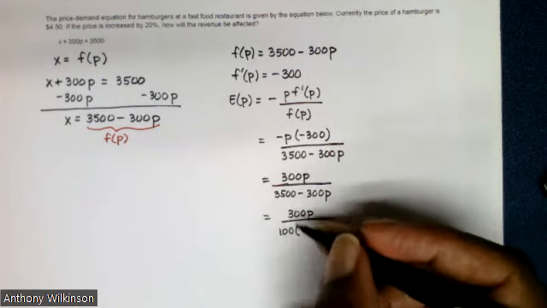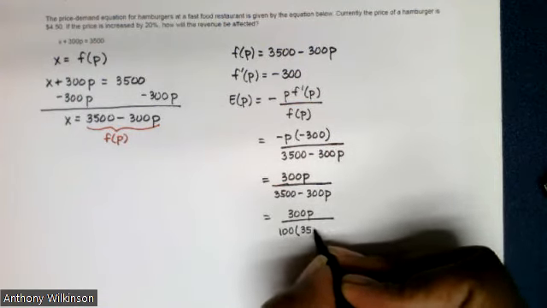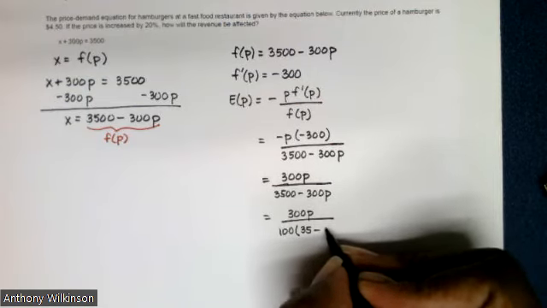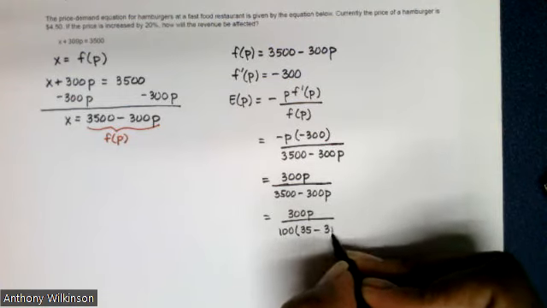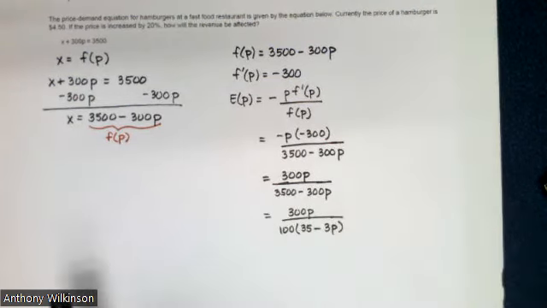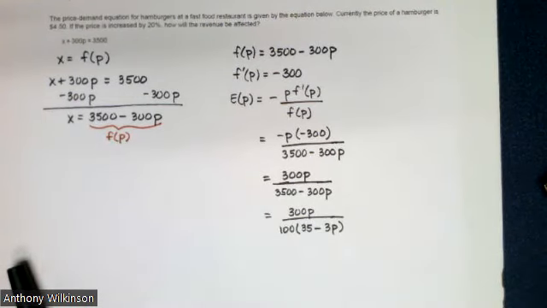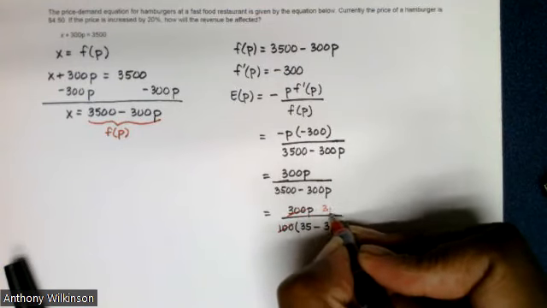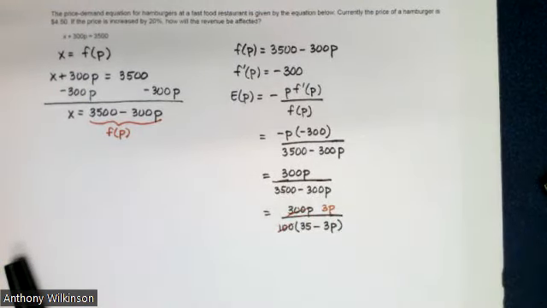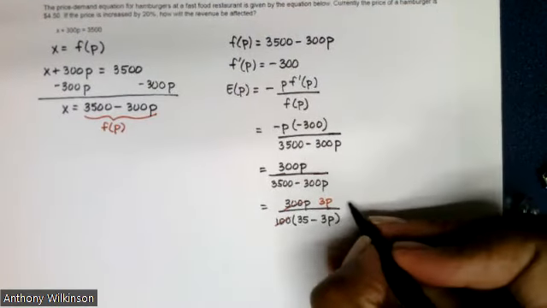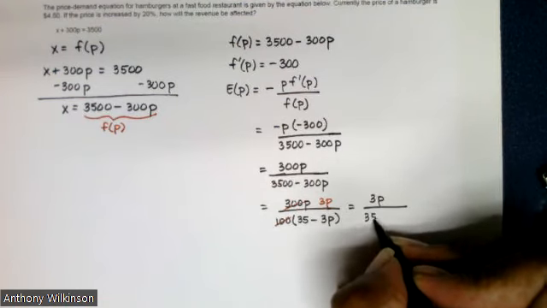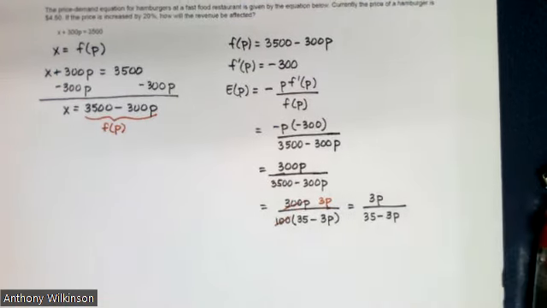When I do that, 100 goes into 3,500 35 times, minus 100 goes into 300p 3p times, because 300p divided by 100 is 3p. So that means this simplifies as 3p over 35 minus 3p. That would be my elasticity function.